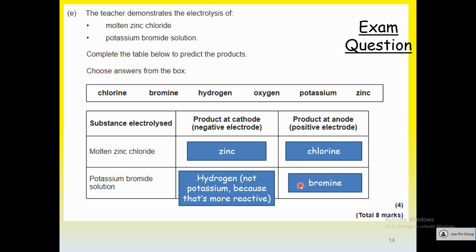And remember that the order of reactivity there is that the halides are produced in preference to oxygen, in preference to any other negative ion. So when we have a halide solution, we're going to be producing halogens. So the halogen here is bromine. Bromine is formed at the anode.